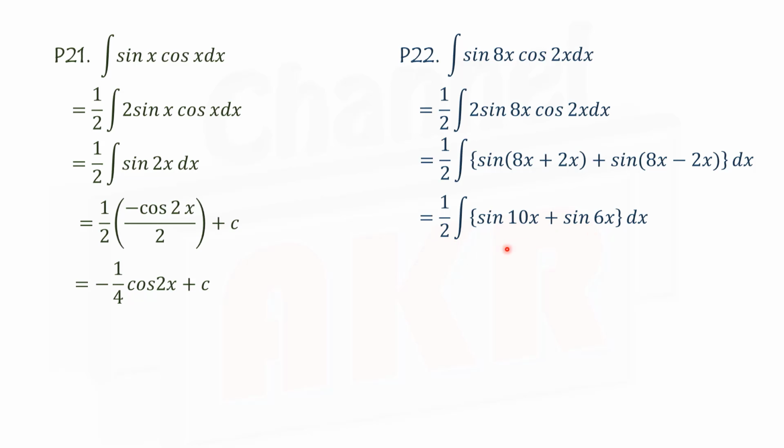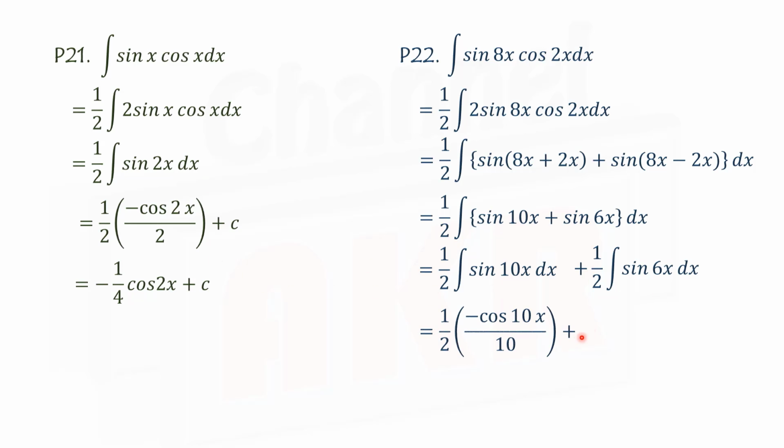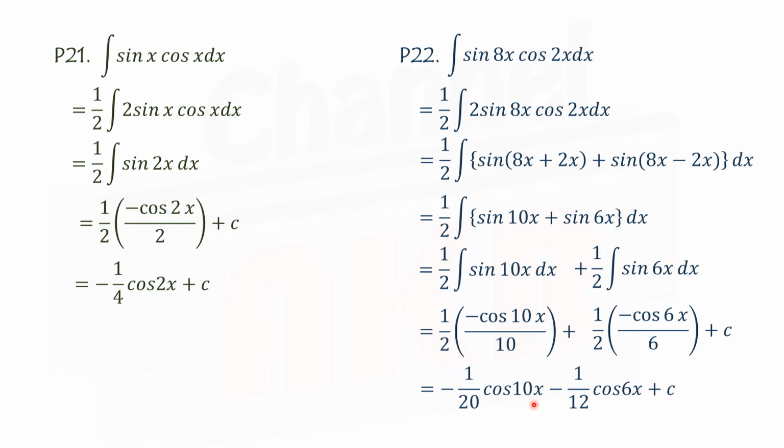Then distribute these two parts. Okay, then integrate sin 10x and sin 6x as earlier. So you got the answer of this and you got the answer of that. Finally the answer will be this.